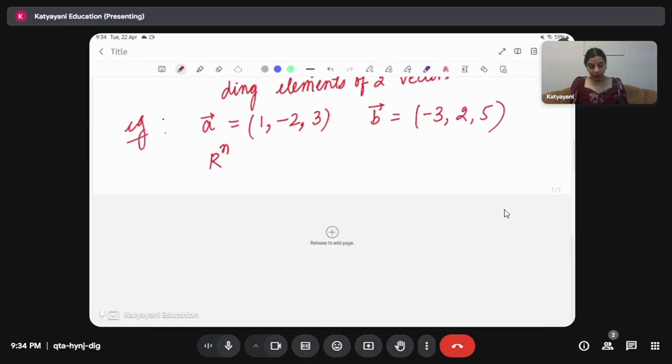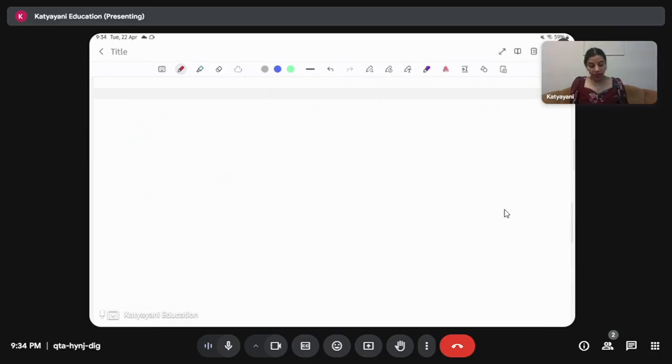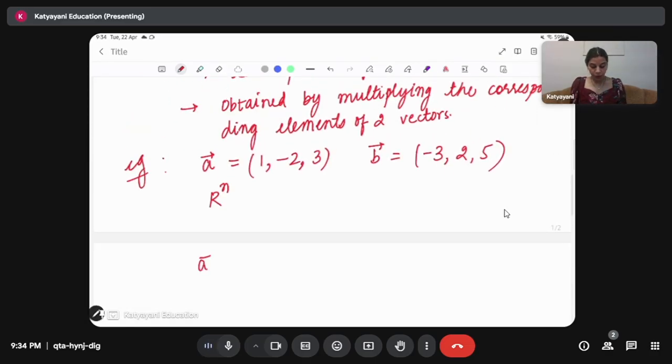Now in R3, how can I find the scalar product of A and B? So scalar product is written as A dot B, where I'll multiply A1 with B1. So I will multiply the first element of A with the first element of B, right? So 1 is multiplied with -3, add to it -2 multiplied with 2, and then add to it 3 multiplied by 5, right?